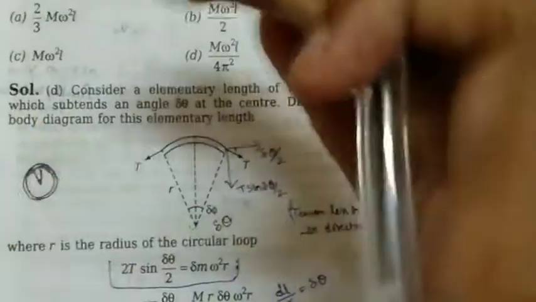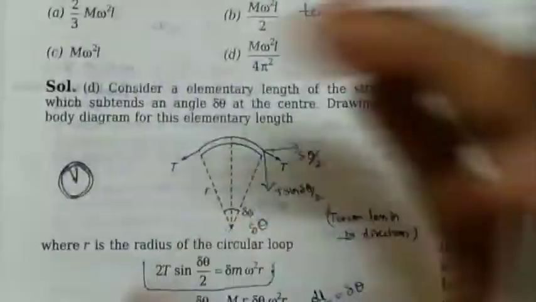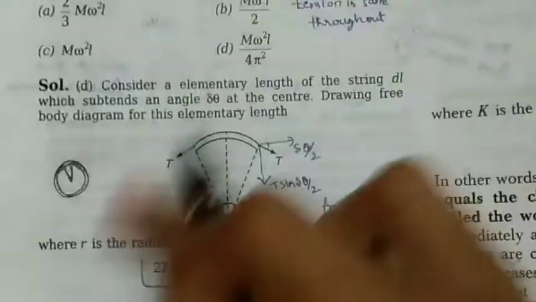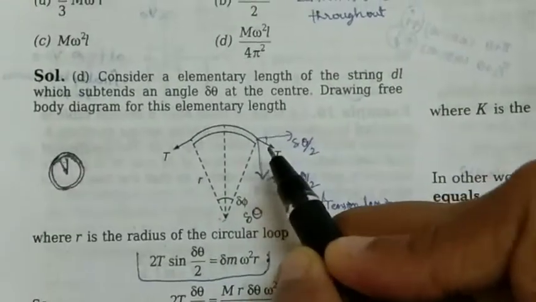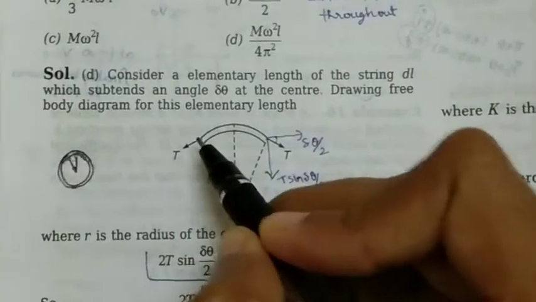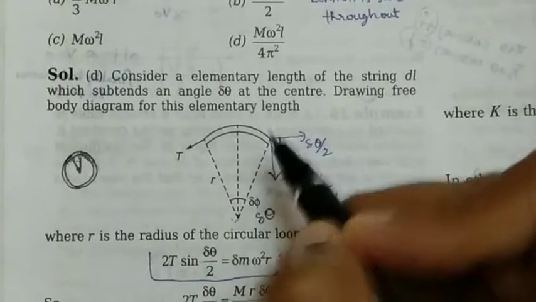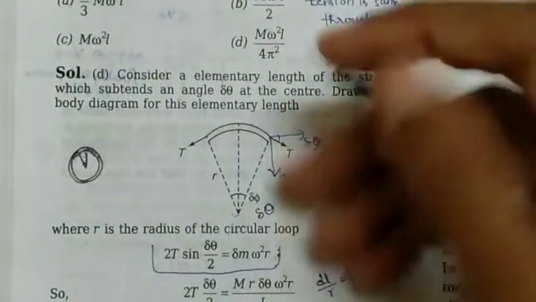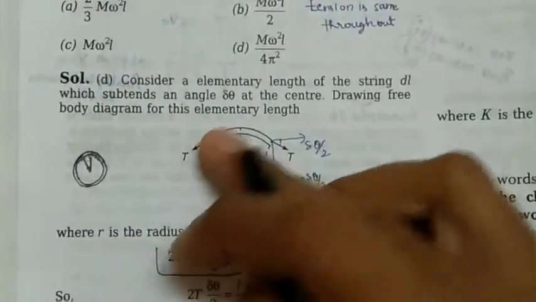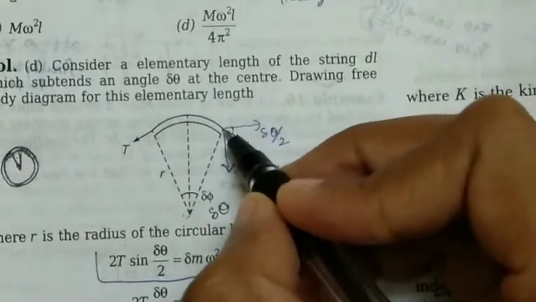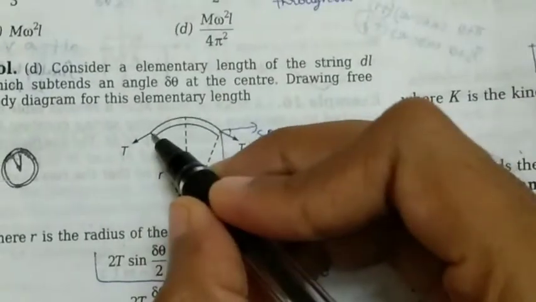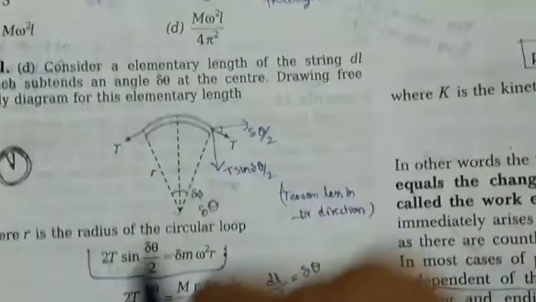The string has to maintain its circular shape, and it maintains the circular shape because of this tension only. Because of this tension, as if it is suspended in this direction, here the tension is acting in this direction, tangent at that point, and here also the tension is acting in this direction, tangent at that point.